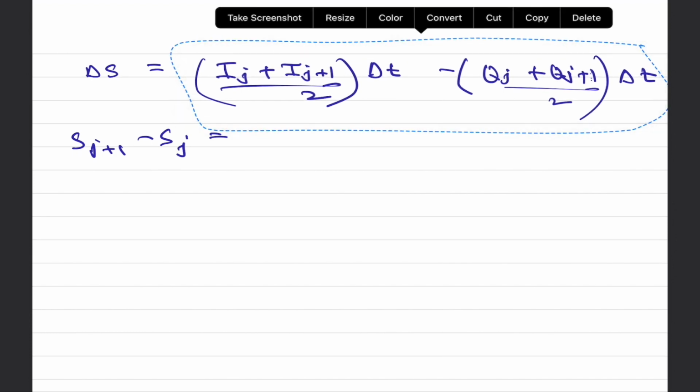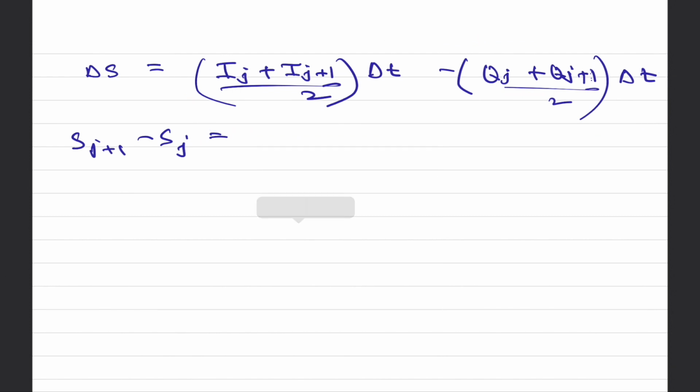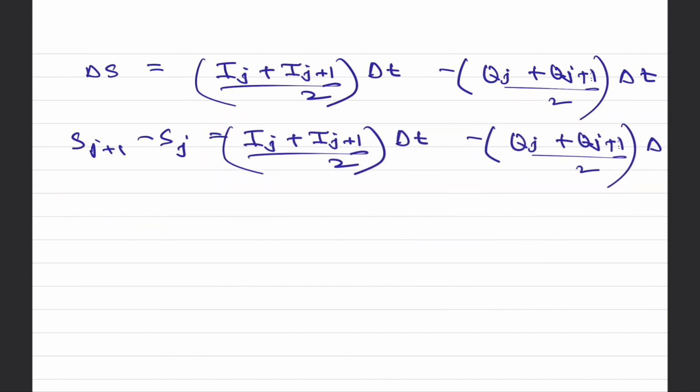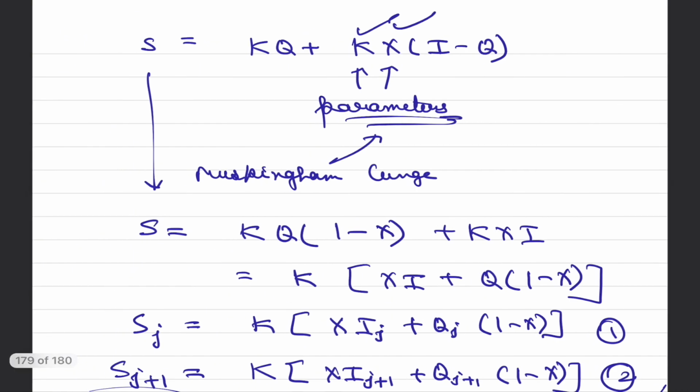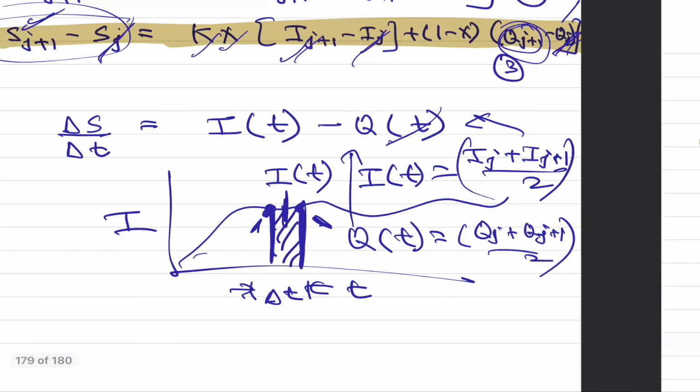So I will just copy paste here. So this is it. Now what we will do, we will equate the equation that I am highlighting now and labeling as 4. We had 3 here and 4 here.